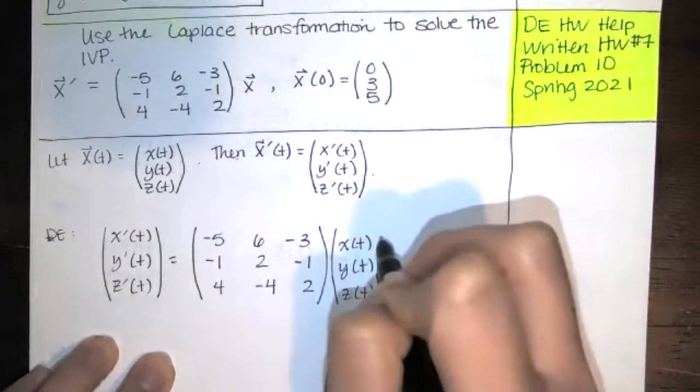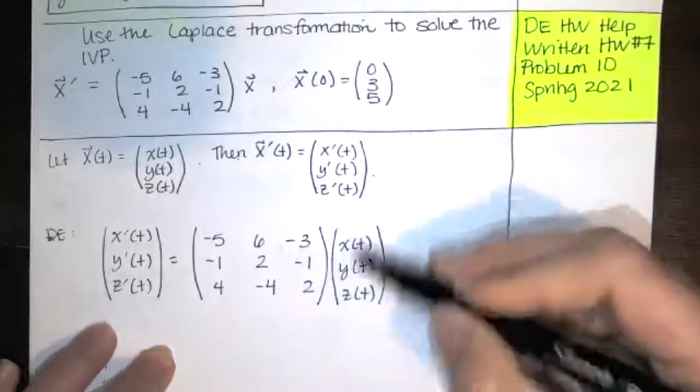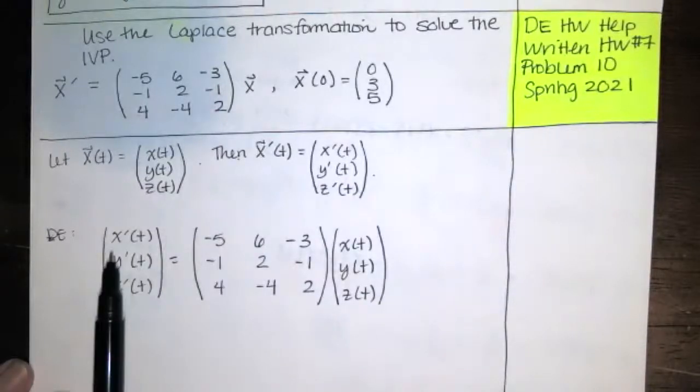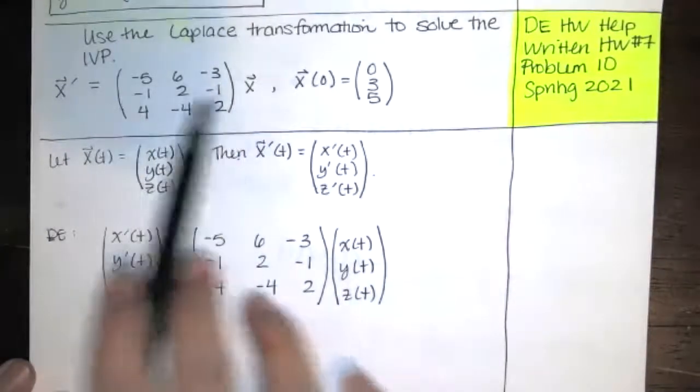Often we suppress this dependence on t. We just don't write it, but we remember x, y, and z all depend on t. So this is the same as this.